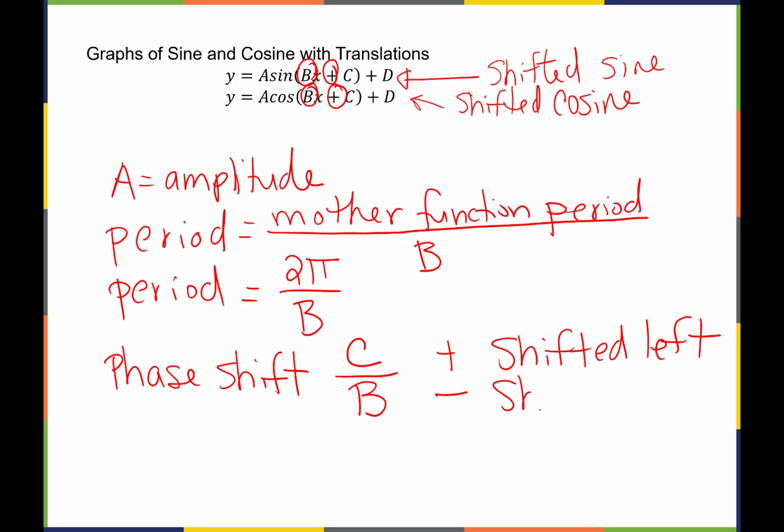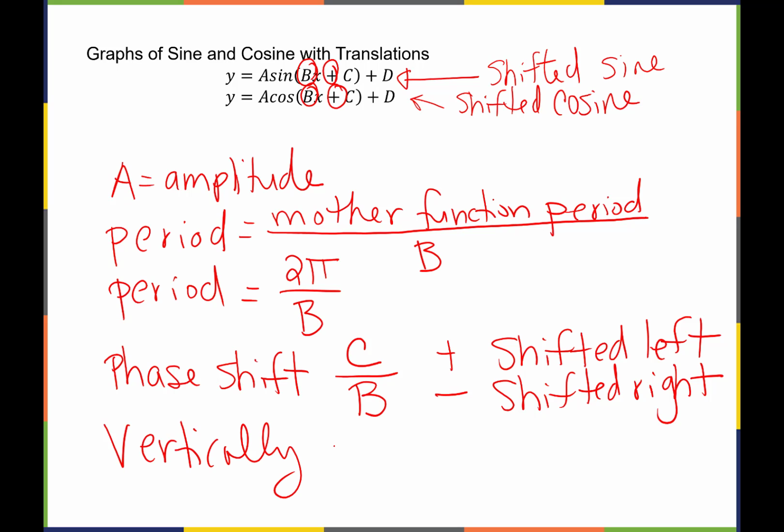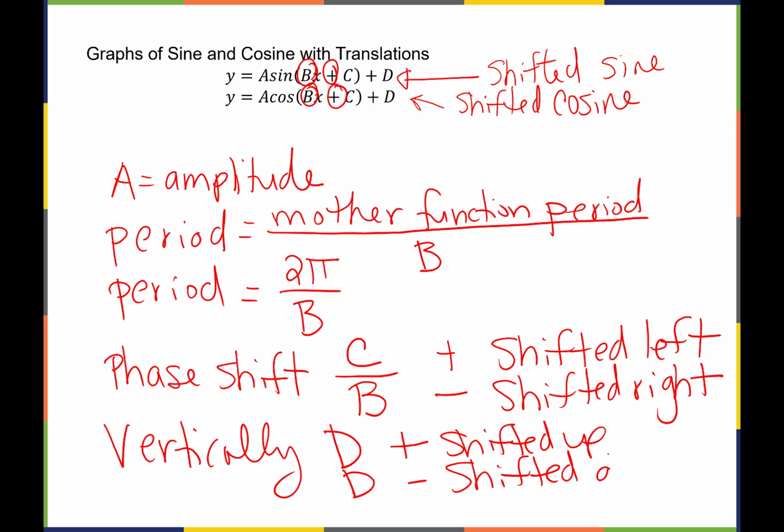Minus means it's shifted right. Okay, and lastly, if this is shifted vertically, that's going to be your value of D. If D is positive, then it's going to be shifted up. If D is negative, it's shifted down.